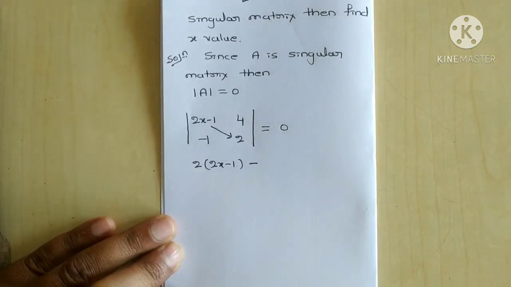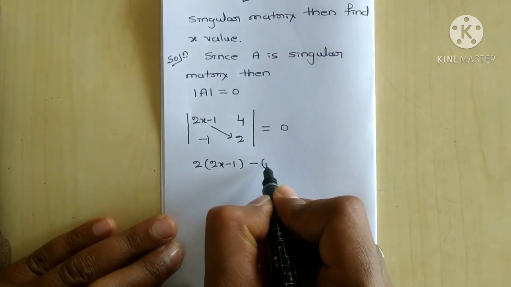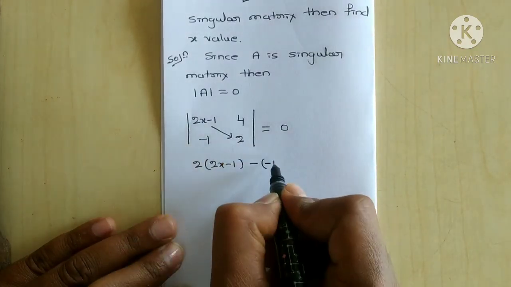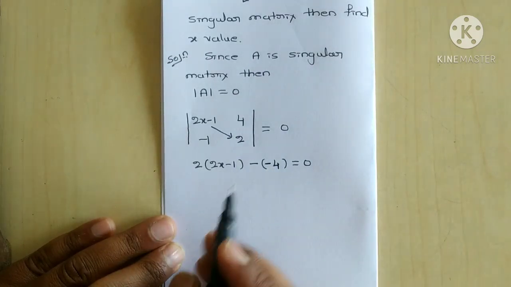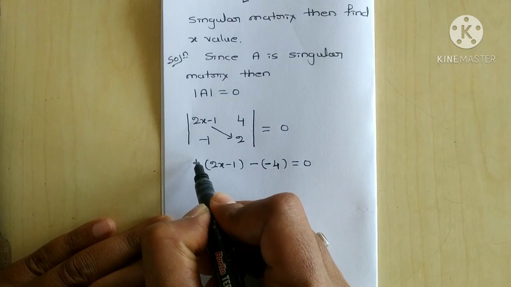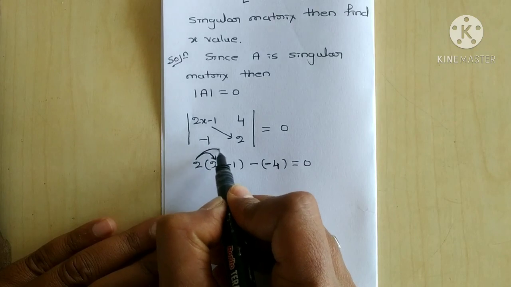The middle sign is always minus. Next, minus into plus is minus, 1 into 4 is 4, equals 0. Next, open the bracket. First into first term, first into second term.